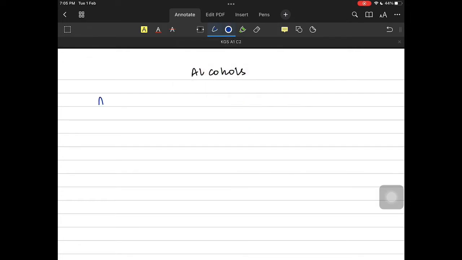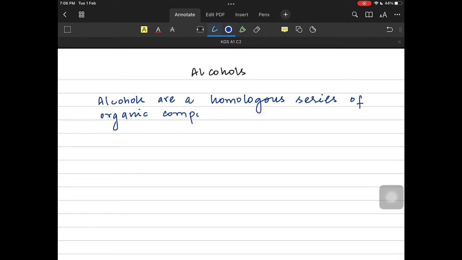Let's revise the fact that alcohols are a homologous series. We know what homologous series are, right? So alcohols are a homologous series of organic compounds that have the hydroxy, which means OH functional group.